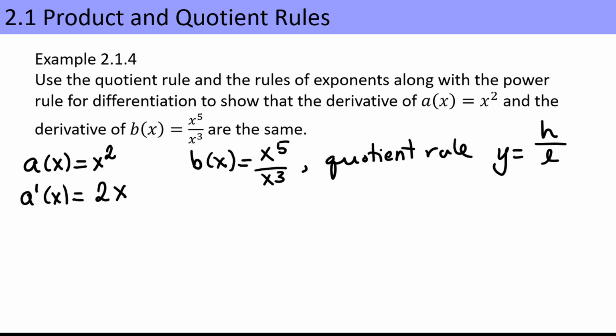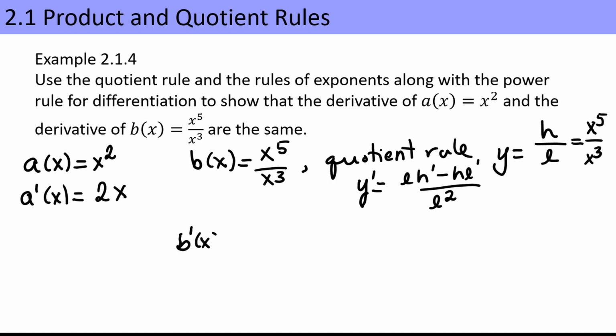Then the rule was, let's see, y prime is low d high minus high d low over low squared. So in this instance, we'll just match it up. The high function is x to the 5, the low function is x cubed, and let's apply that quotient rule.